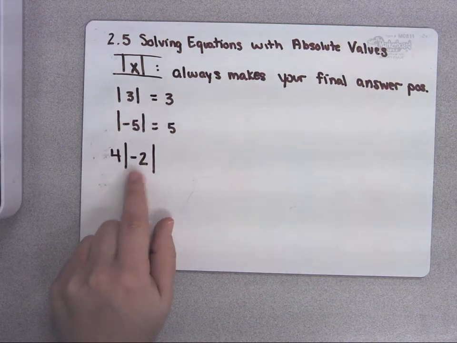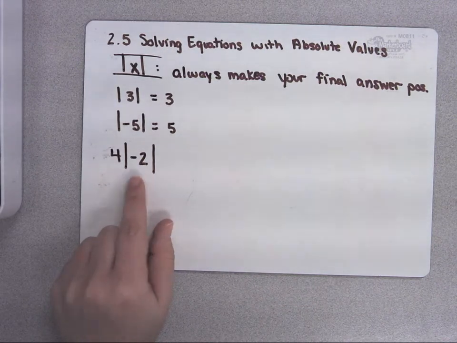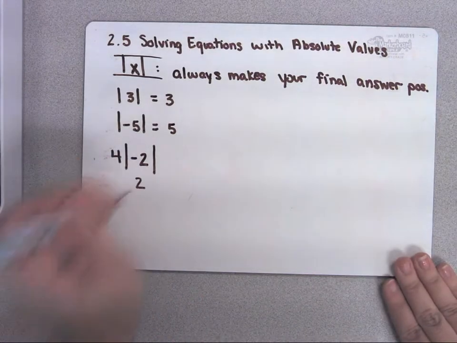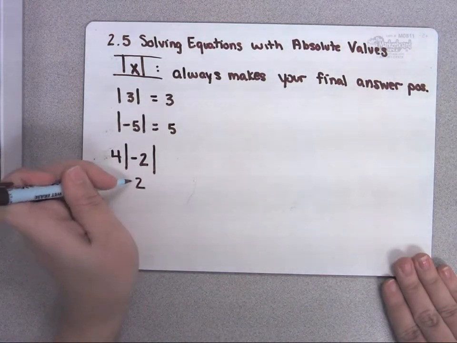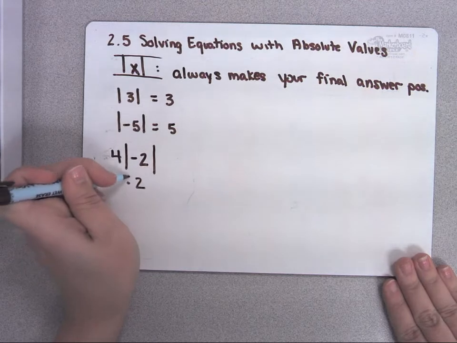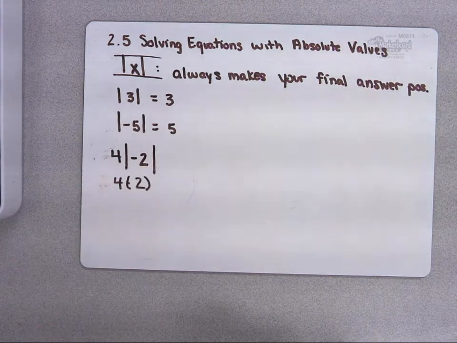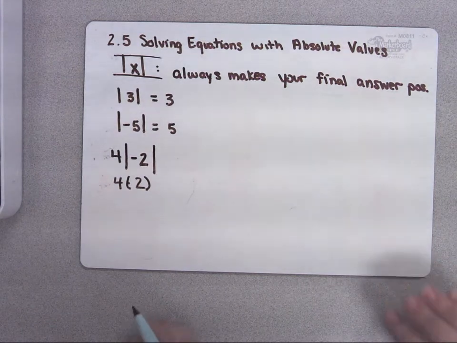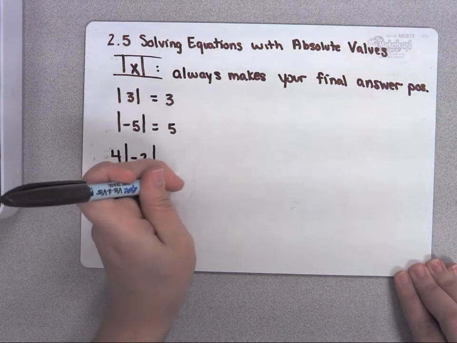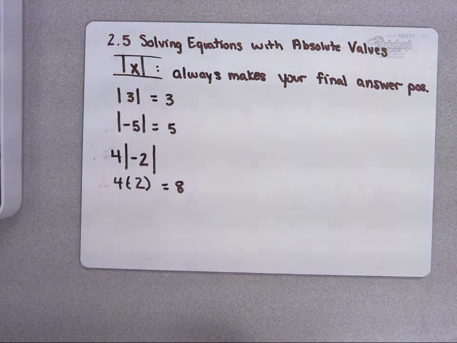So first, we do the absolute value of -2, which turns it into +2. And then what are we going to do with the 4 and the 2? Yes, because this is right next to that. That basically turns this into parentheses, and you're going to multiply them. So then what is 4 times 2? So our final answer for that guy is just 8.